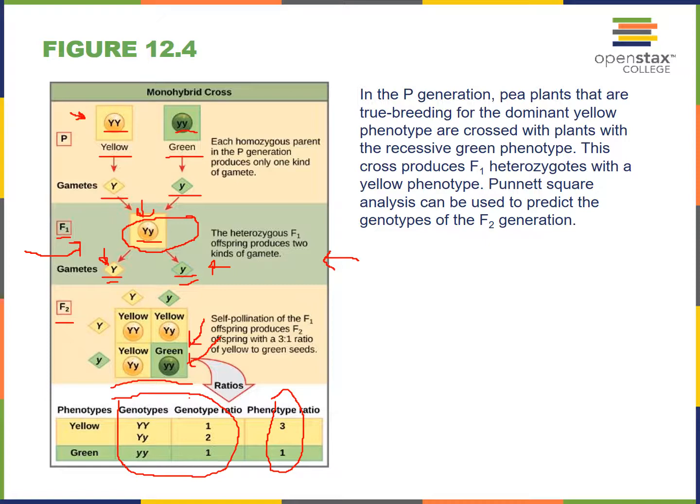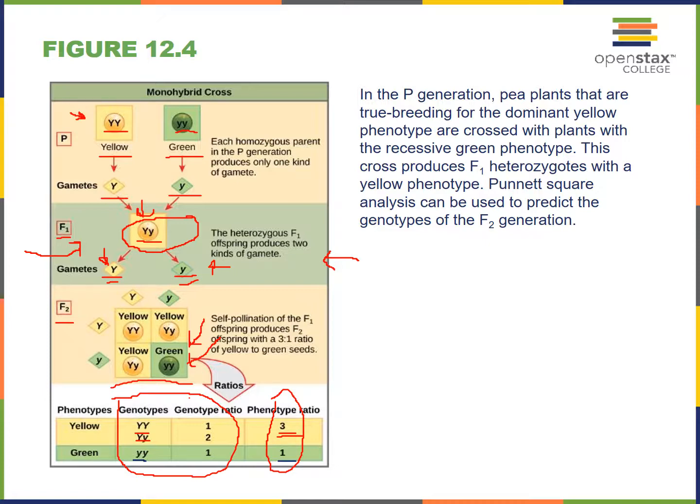So little y for seed color. What that means is that this genotype gives you yellow seeds. This genotype, the heterozygote, gives you yellow seeds. But this genotype right here gives you green, oh, sorry, I've been saying flowers, green seeds.